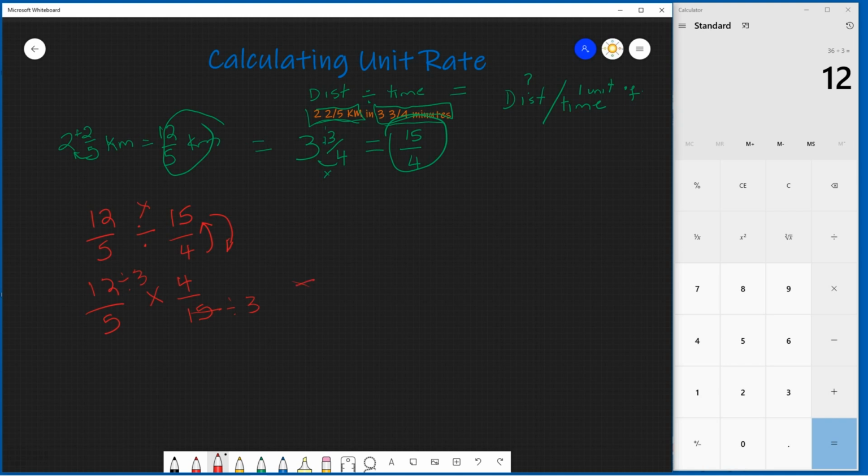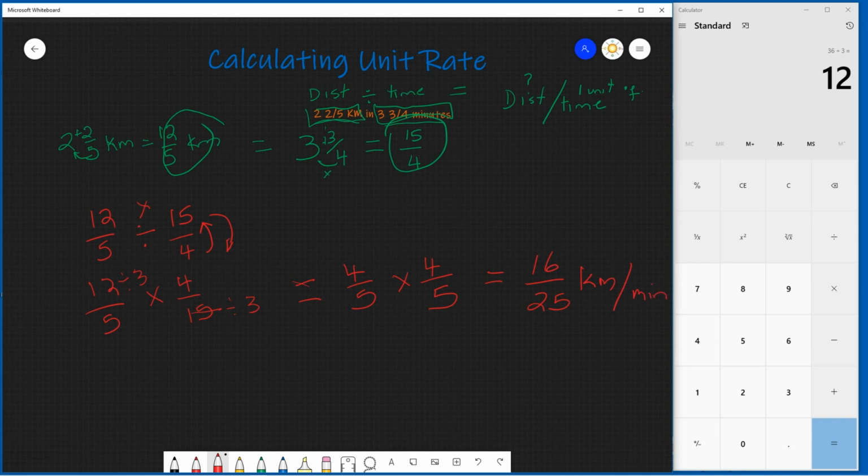And so what we can do is say 4 over 5 times 4 over 5. 4 times 4 is 16, over 5 times 5, 25. Right? Now, what this is telling us is that the train travels 16 over 25 kilometers per minute, or in 1 minute.